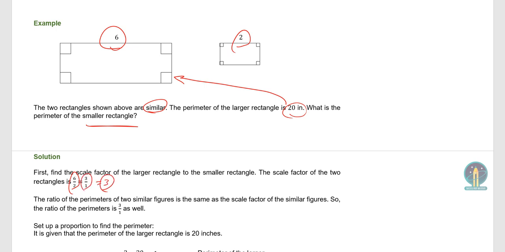So this is the scale factor, meaning this rectangle is 3 times as large as this one in terms of perimeter. In terms of area, it is 3 squared times as big as the other one. So be careful. Area always gets a square.